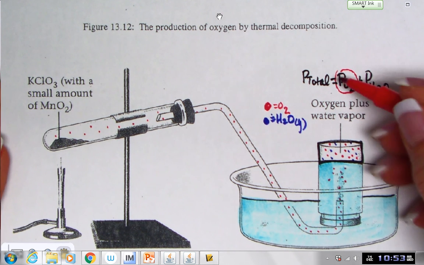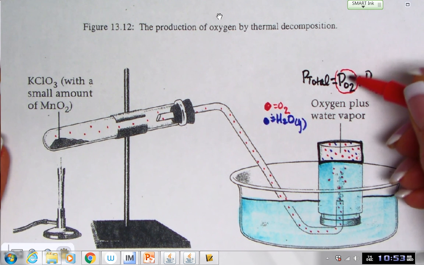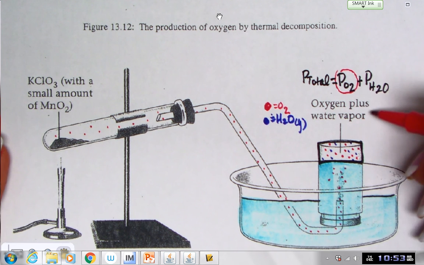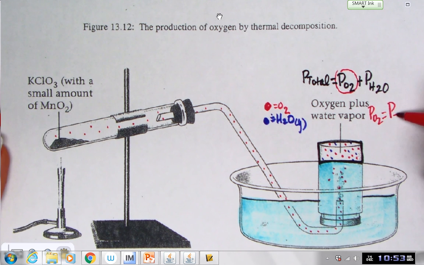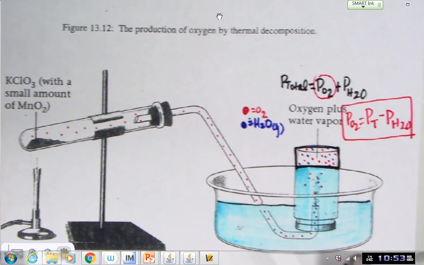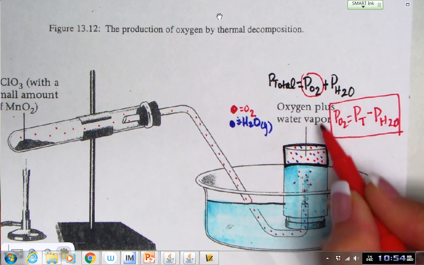So if you just mathematically solve for the X here, which is your P of O2, then this formula becomes pressure of O2 is equal to the P total minus the pressure of water, because we have to subtract out the water vapor. This is the form of Dalton's law that we will be using to isolate the partial pressure of the gases we collect.